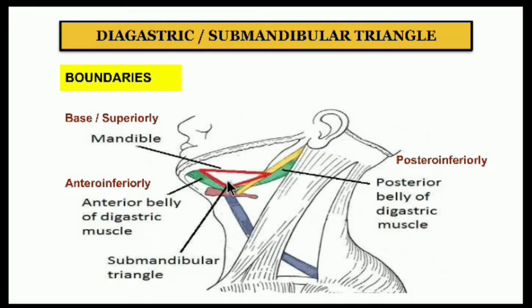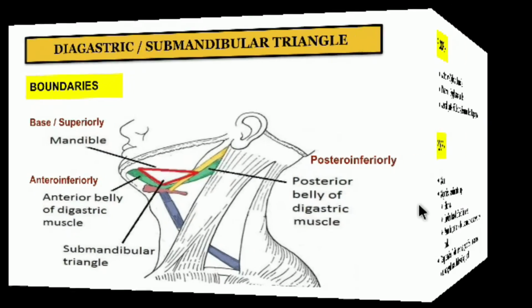Now, as the base lies superiorly, we name the other borders anterior-inferior and posterior-inferior. The anterior-inferior border is the anterior belly of digastric muscle and the posterior border is the posterior belly of digastric muscle. That's why it is also named the digastric triangle, because both its borders are formed by the digastric muscle.